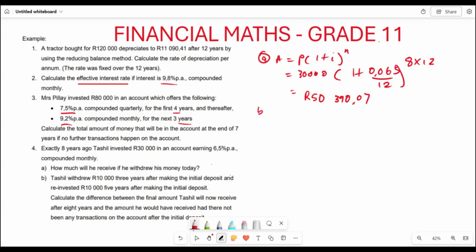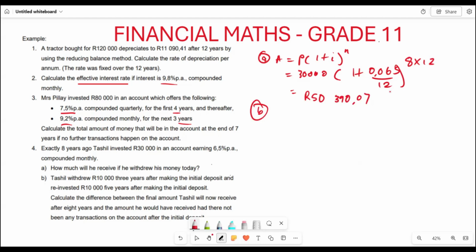And then from here, we are looking for our B. So let's look at the B. Now they say Tashil withdraws 10,000 three years after making the initial deposit, and reinvests the 10,000 five years after making the initial deposit.